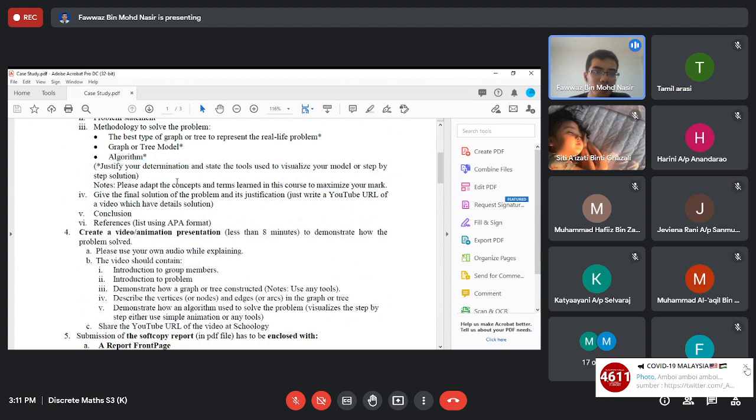Okay, then you must justify your determination and state the tools used to visualize your model, okay. Then give the final solution of the problem and its justification, okay.